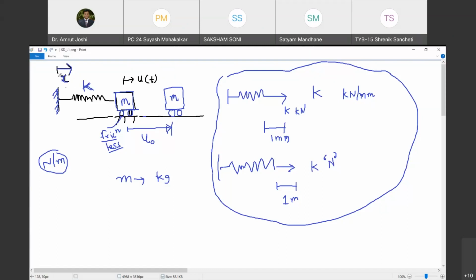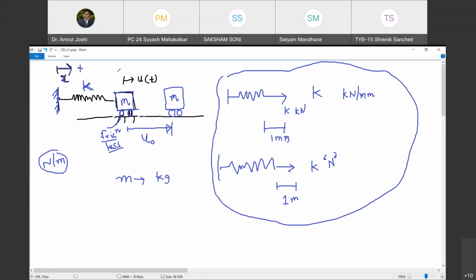It may move in to and fro sense, that's all right, but I'm going to be concerned only about one direction, and that direction I'm going to call X. Towards the right of the left-hand side fixed support is treated as positive. So I have chosen the origin. I have also chosen the positive X direction. Are you with me? Yes, sir.